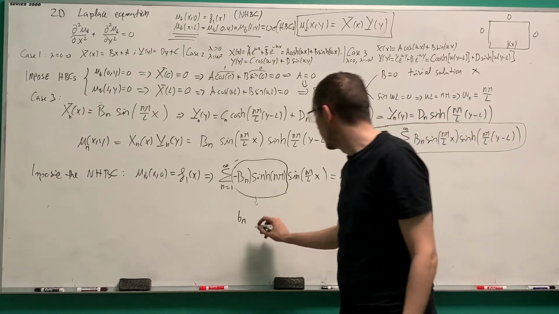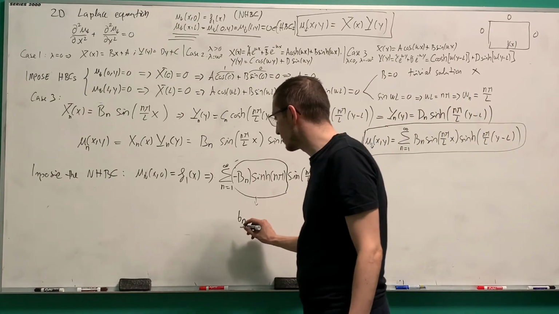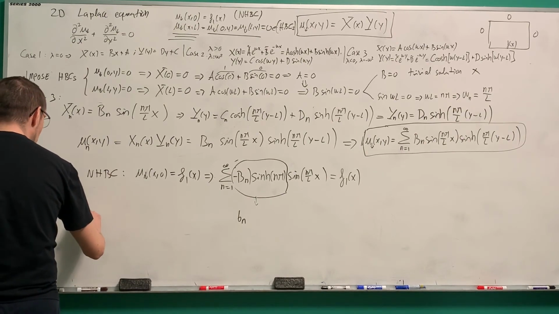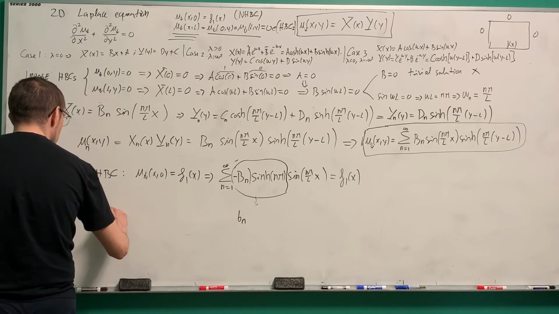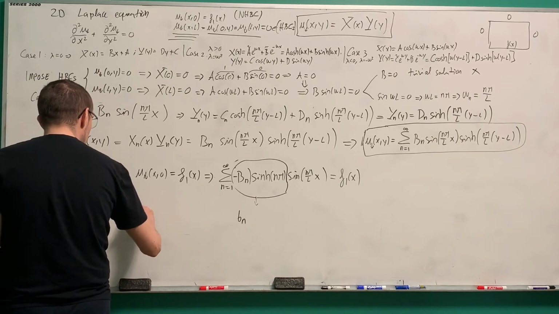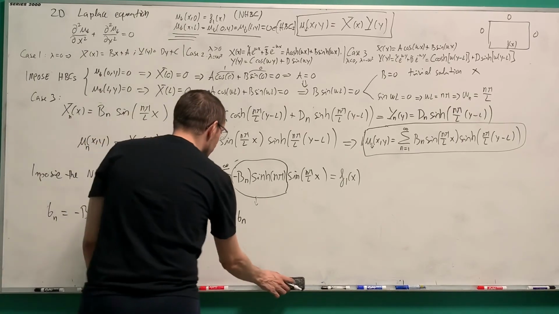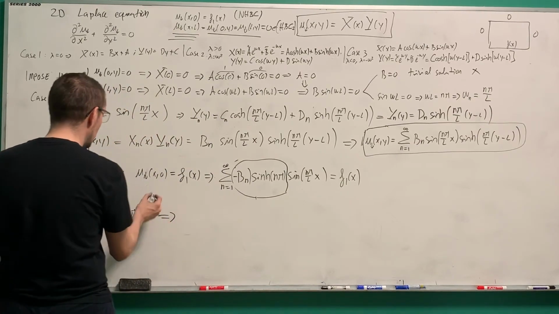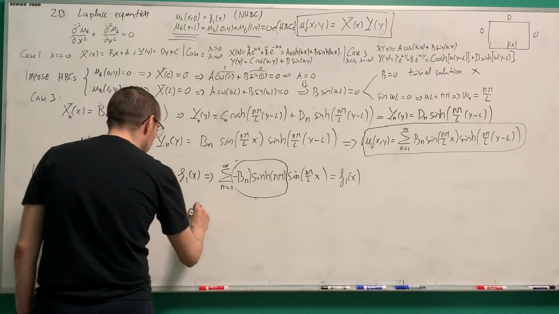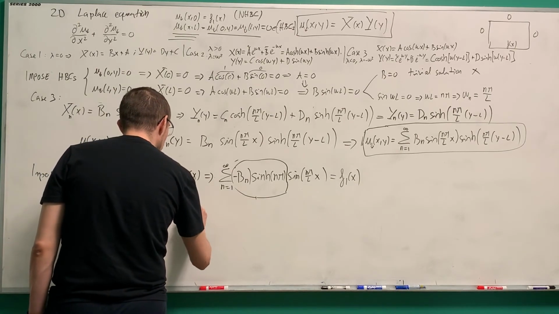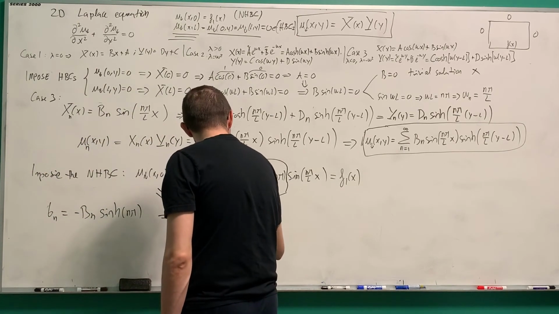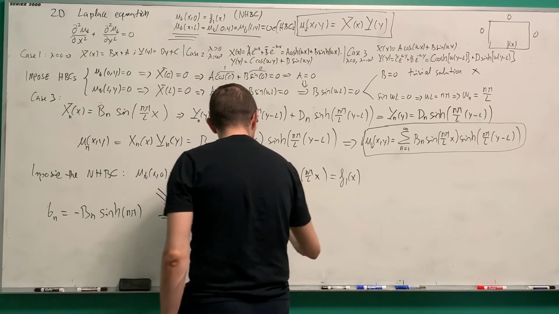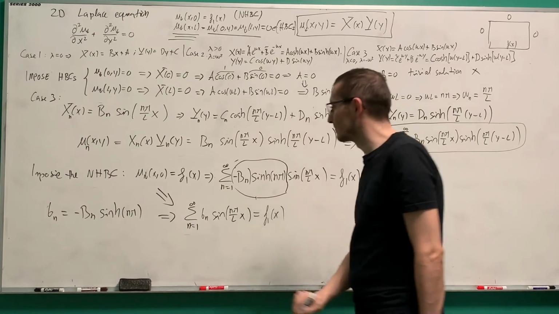So small b_n, I define small b_n as minus b_n sinh of n pi, then I know that this condition is telling me that the sum n equals 1 to infinity of small b_n sine n pi over L x is equal to f1 of x.